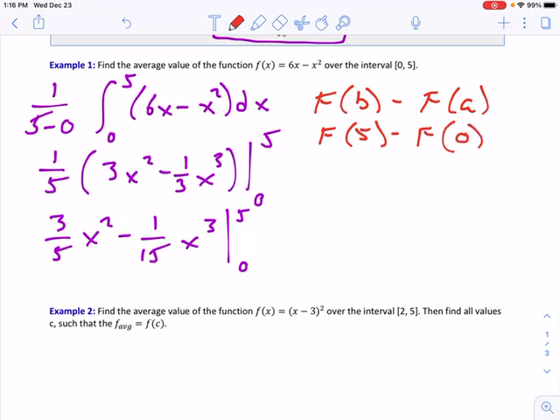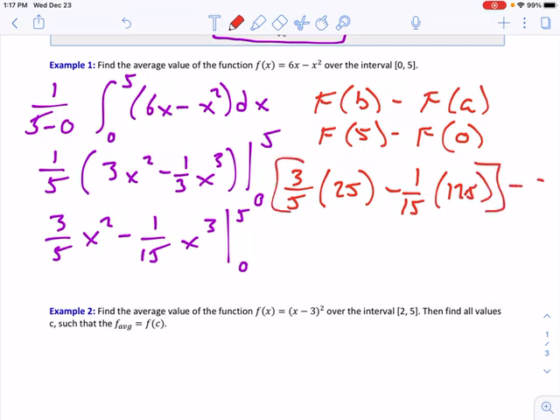It's always nice when one of the endpoints is 0, especially in a polynomial function like this. So f of 5 is 3/5 times 5 squared, which is 25, minus 1/15 times 5 cubed, which is 125. And then, of course, f of 0 is just going to be 0.